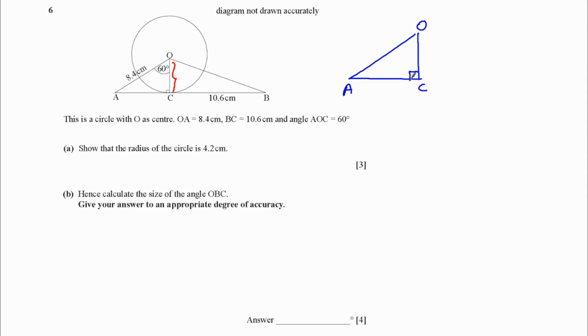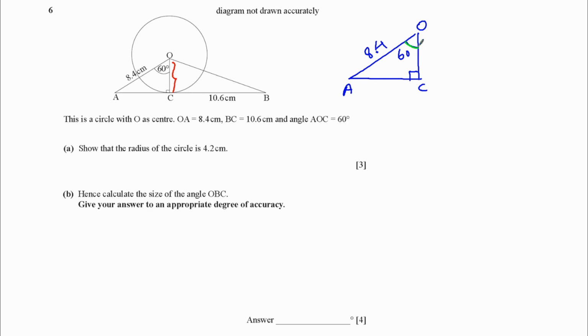This angle is 60, and we have 8.4 centimeter in here. Now we want to find the value of OC. To this angle of 60, the OC is adjacent, and 8.4 is the hypotenuse.